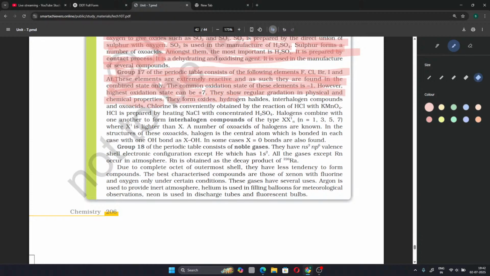They can form oxides, hydrogen halides, interhalogen compounds, and oxoacids. Chlorine is conveniently obtained by the reaction of HCl with potassium permanganate. HCl is prepared by heating NaCl with concentrated H2SO4.